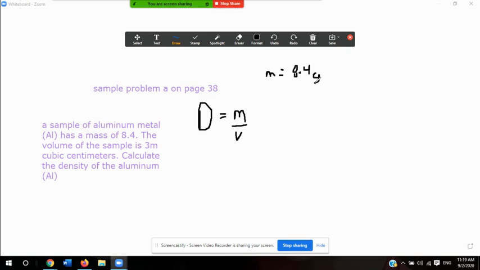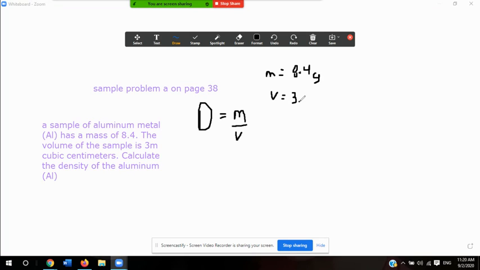And it says that the volume is 3.1. There's a mistake there. It's not 3, it's 3.1. I just realized that I didn't write that in the problem. It has a volume of 3.1 centimeters cubed. That's how much space it occupies. So V is going to be 3.1. Again, you can go to page 38 of your textbook.